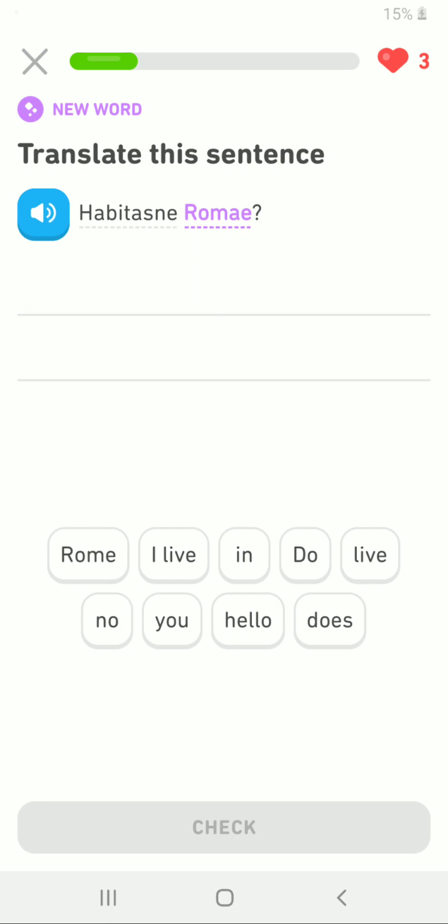Habitasne Romae? I believe here once again the ending is different. Roma becomes Romae, it's like a locative case.